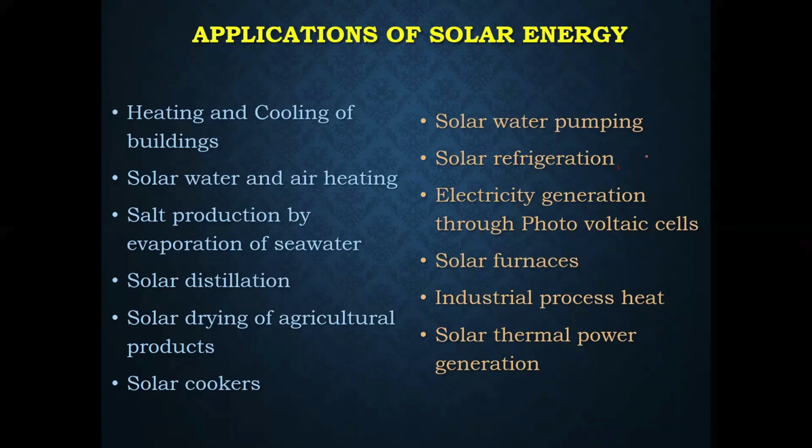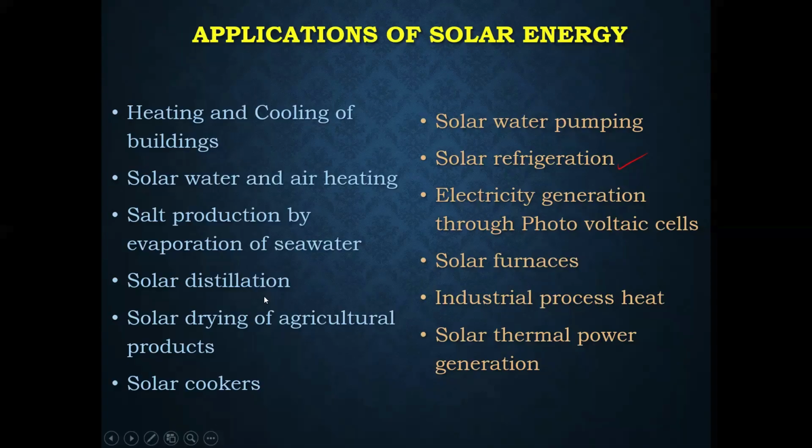Then solar water and air heating systems, and how you can produce salt out of solar energy, by means of evaporation of seawater. We can use solar energy to evaporate the water, and after evaporation the leftover is salt. Then solar distillation.